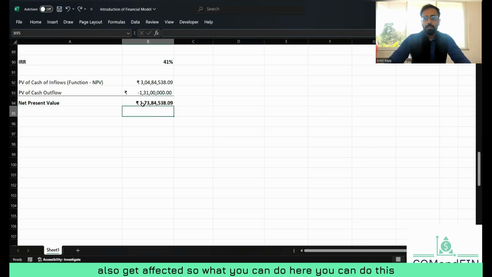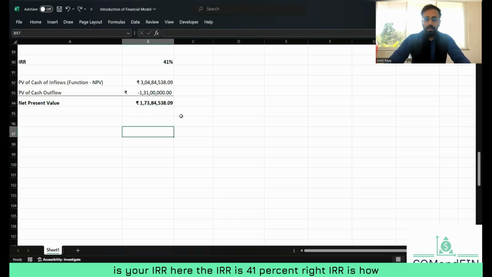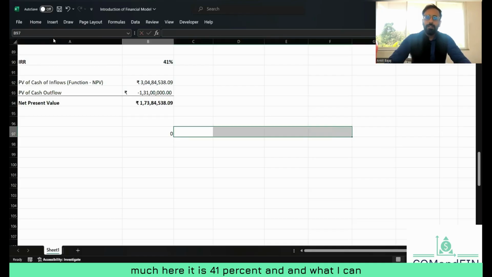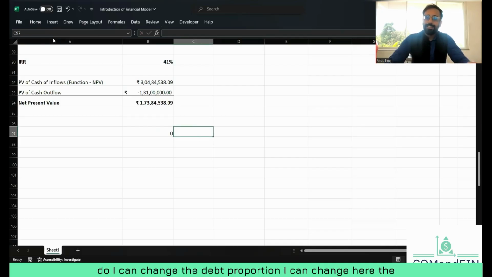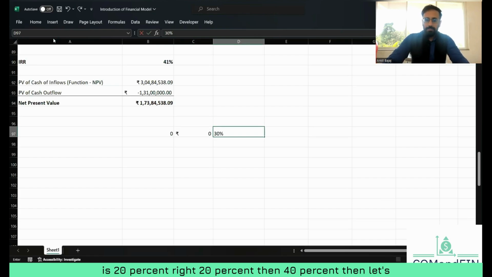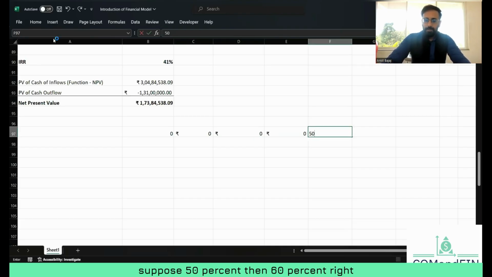So what you can do here is the sensitivity analysis. Currently, how much is your IRR here? The IRR is 41%. And I can change the debt proportion. Let's suppose debt proportion is 20%, 30%, then 40%, then 50%, then 60%.